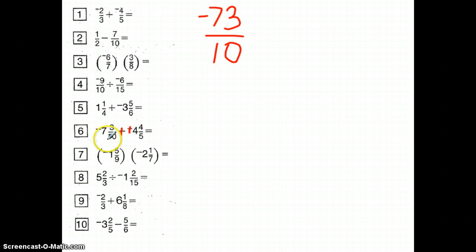So negative 73/10 plus, is it all right with you? I'm just going to make this into 8/10 first because I got to get a common denominator at some point in time. So 4 times 10 is 40 plus 8, 48. So I've got 48/10 and it's positive, right? Yep. So 48/10.